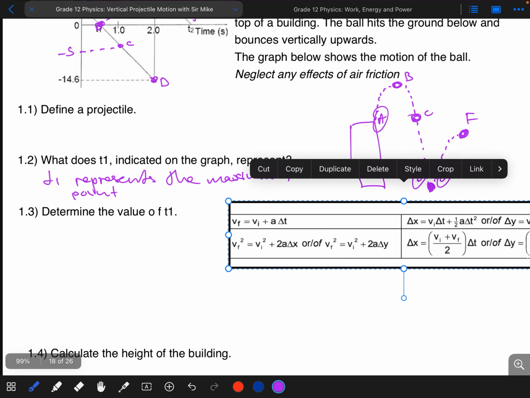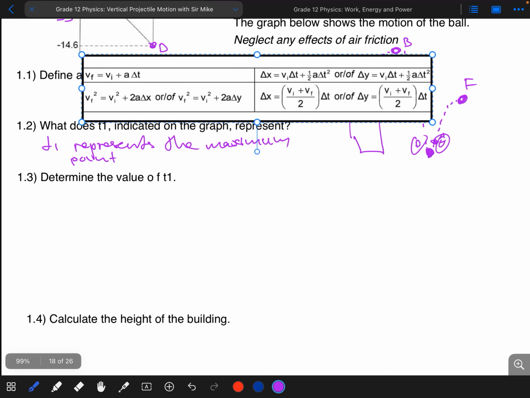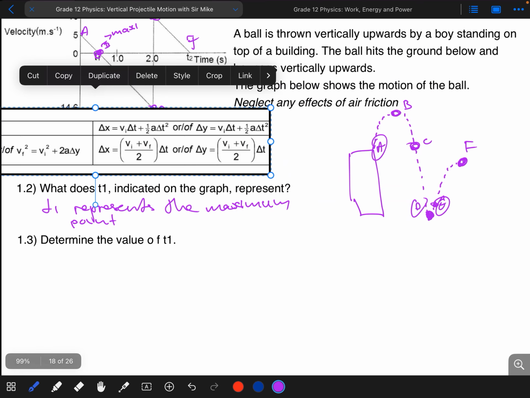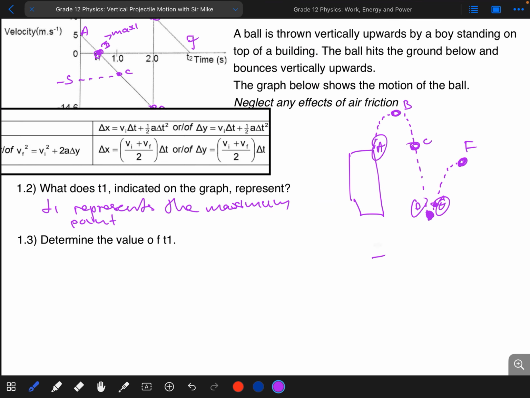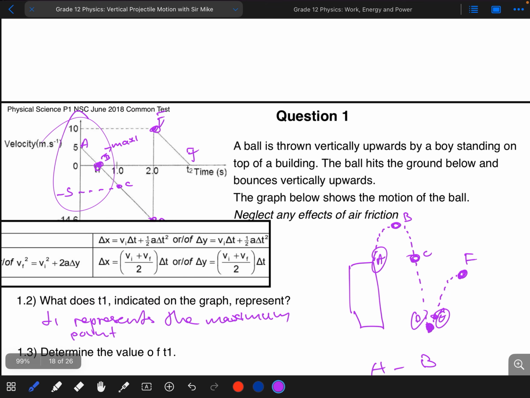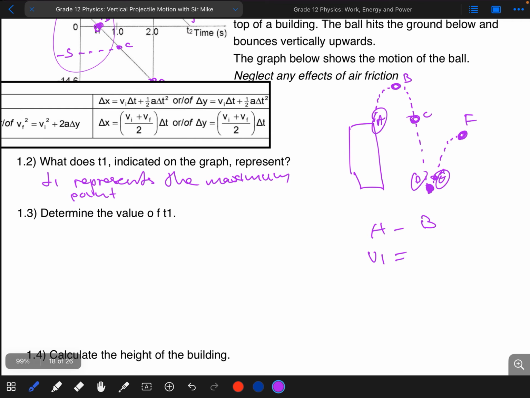So remember what I said: what you do is list the things that you know about those particular points. Between point A and B, we know the initial velocity. If you look at this graph, they took upwards as positive and downwards as negative. So V initial is 5, as we said that downwards is negative and upwards is positive, right?